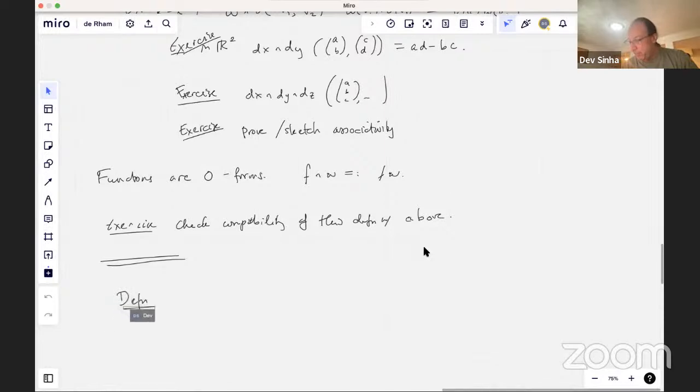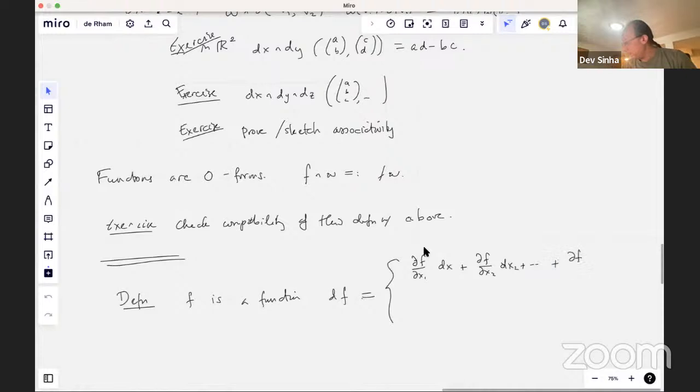Then the other key piece of structure is, if f is a function, I've got this exterior derivative, and it really is just the derivative. Look, we're going to take the partials, if I'm working in coordinates, and I get this one form.